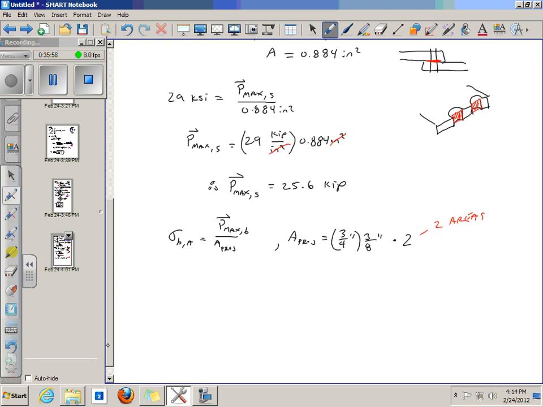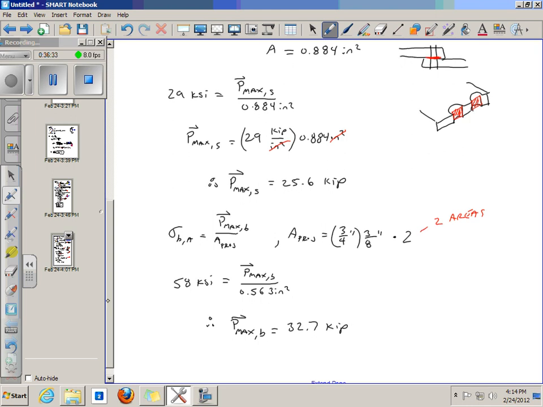So the allowable bearing stress is 58 KSI, and that's equal to P max in bearing, the maximum force we can apply and not fail this in bearing, divided by the projected area, 0.563 inches squared. So the maximum force P we can apply to not fail this in bearing is 32.7 kips.